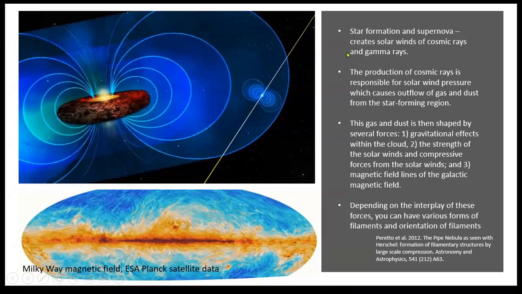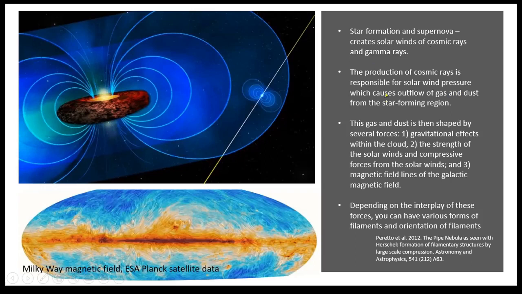And reading through the data, the origin of those filaments goes something like this. Oftentimes in these clouds you have star formation and an occasional supernova that creates solar winds of cosmic rays and gamma rays. The production of these rays is responsible for solar wind pressure, which causes outflow of gas and dust from the star-forming region.